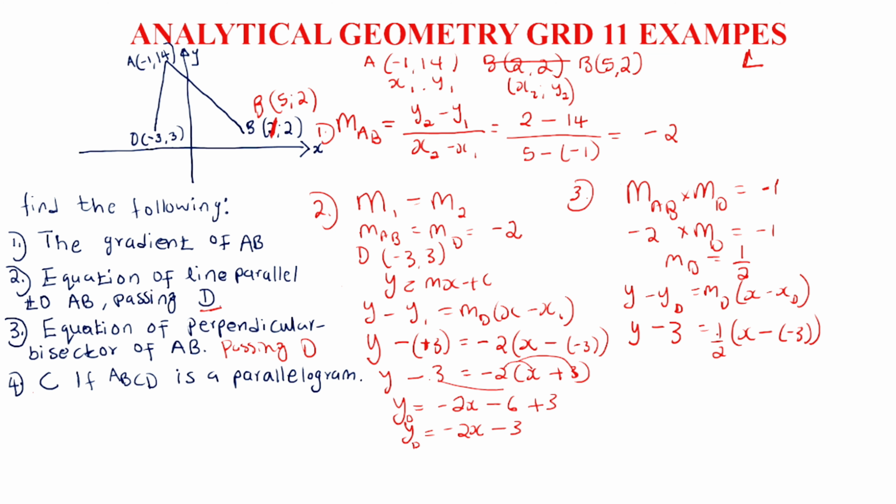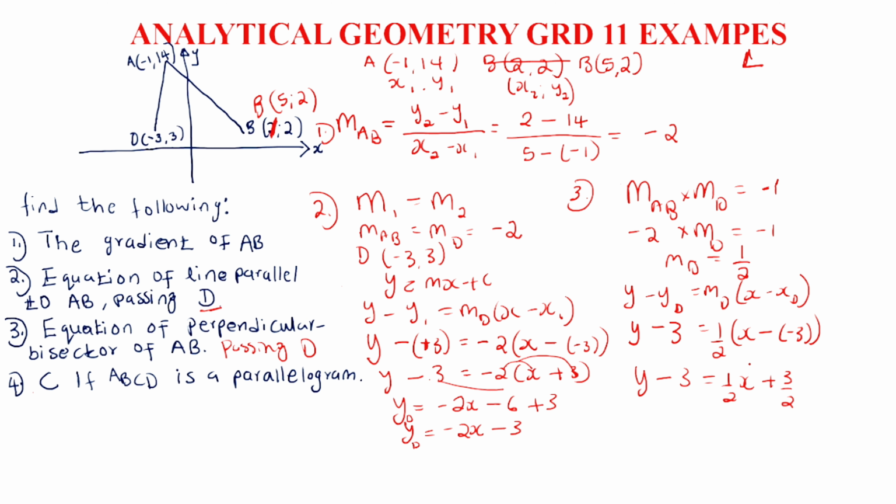Okay, so now you remove the bracket: 1 over 2 x, and therefore positive 3 over 2.